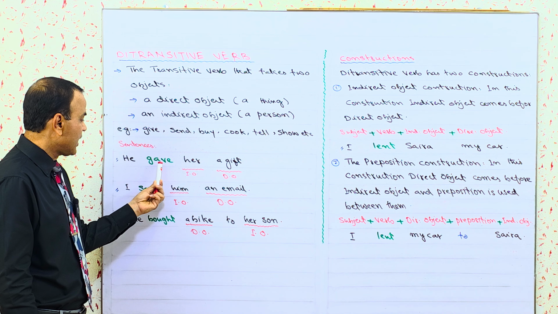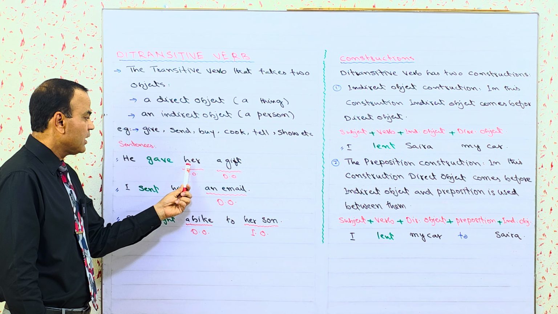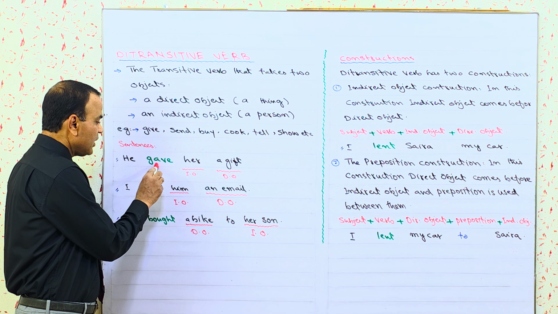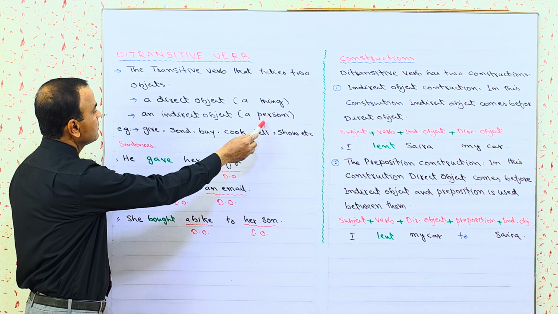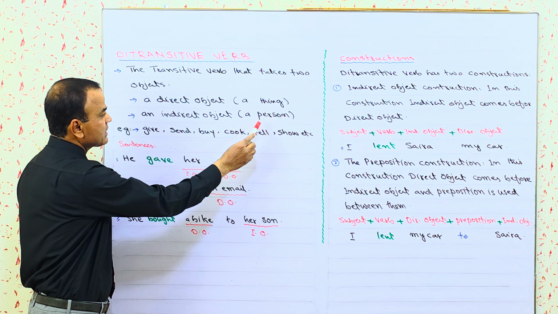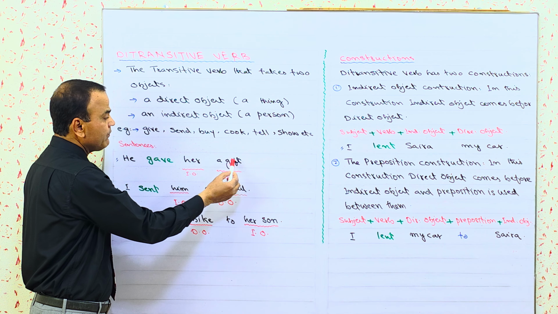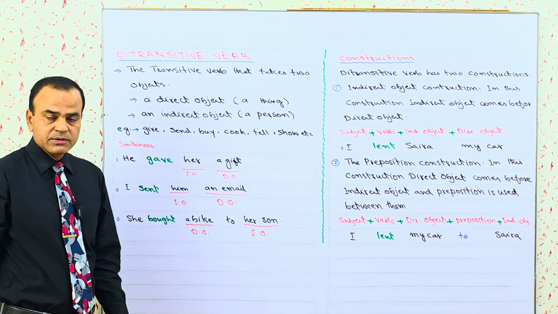I have used gave here as a ditransitive verb. So this verb has two objects. Her is a person, because an indirect object is always a person. So her is indirect. A gift is a thing, which is a direct object.